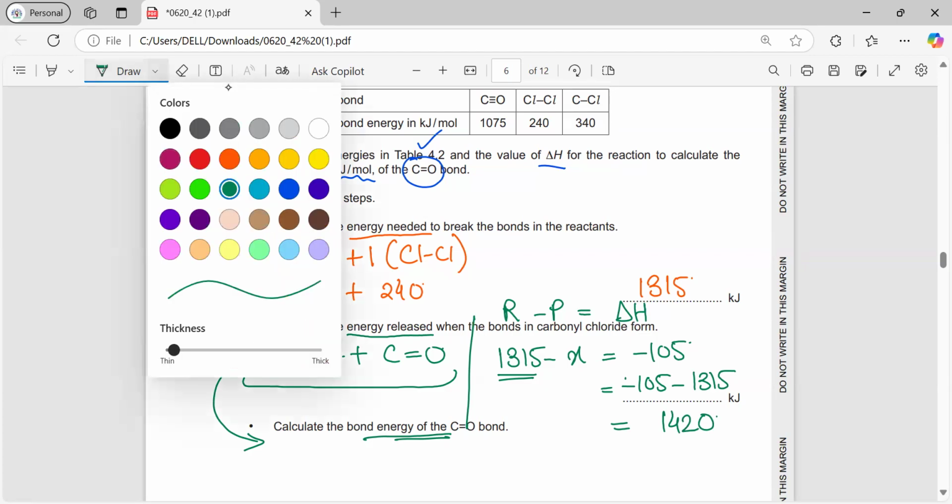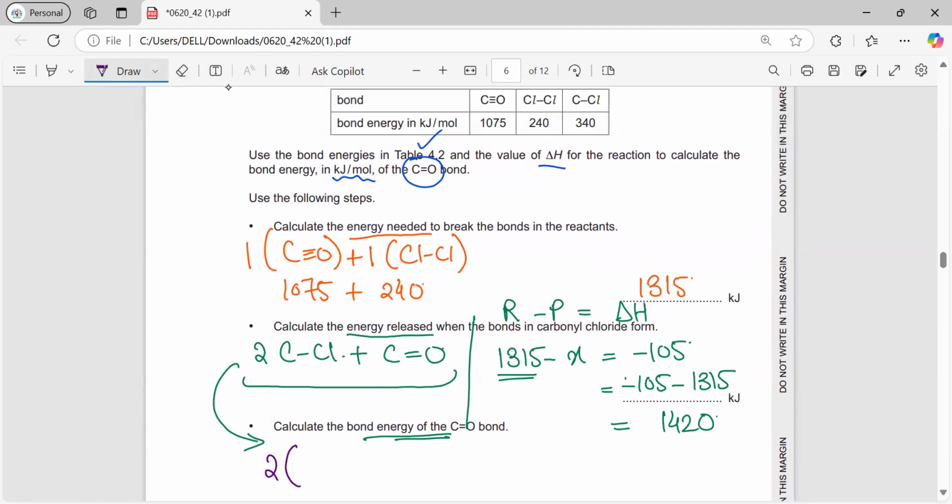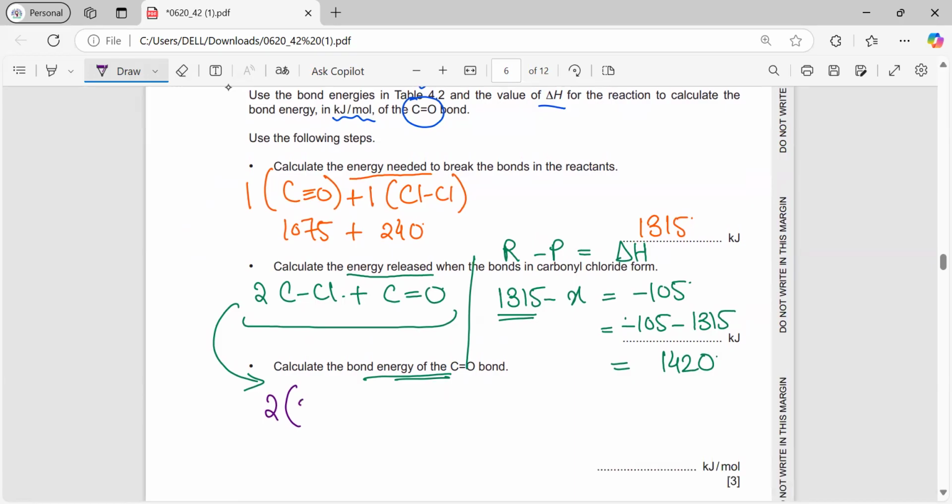Now in the third section, we have to consider this thing, which I wrote above. We have two C-Cl bonds and C-Cl energy is 340. So we'll do 2 into 340 plus C double bond O, which we don't know, is equal to 1420. So here, 2 into 340, which is 680, plus C double bond O, equals 1420.